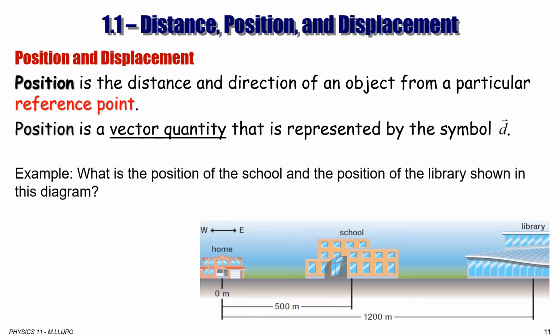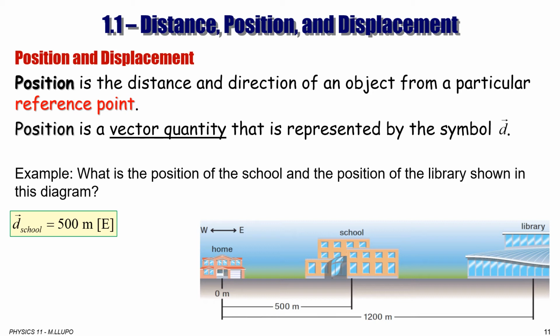Here is an example to make it clear. What is the position of the school and the position of the library shown in this diagram? The position of the school from the reference point, which is your home in this situation because it's 0 meters, is 500 meters if you walk toward the east.